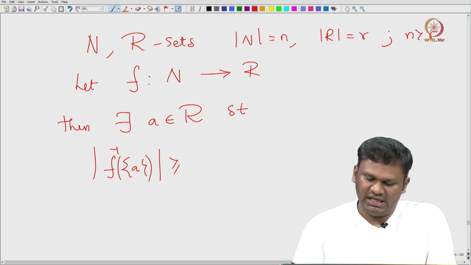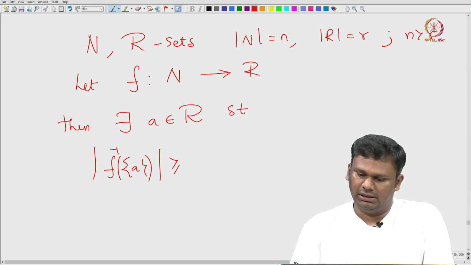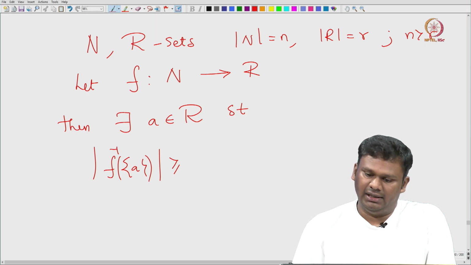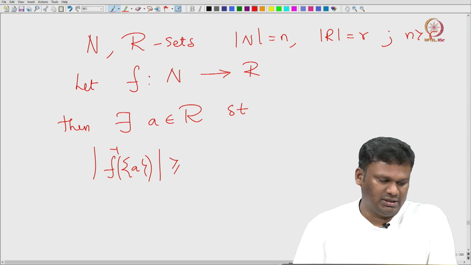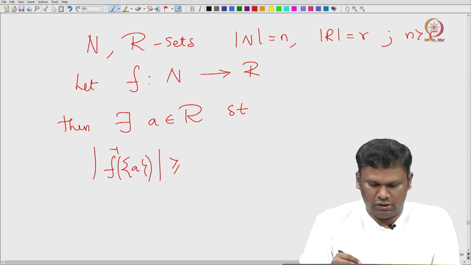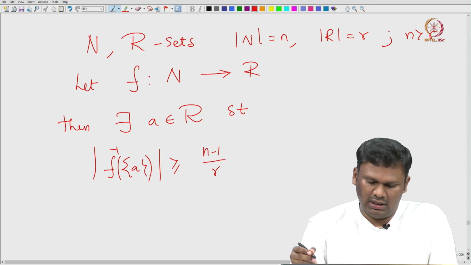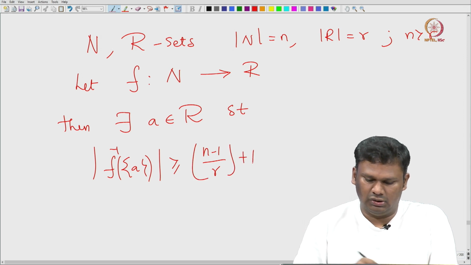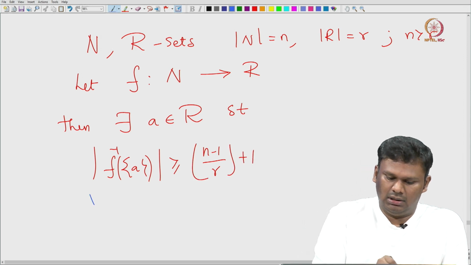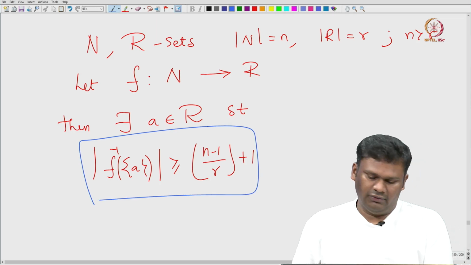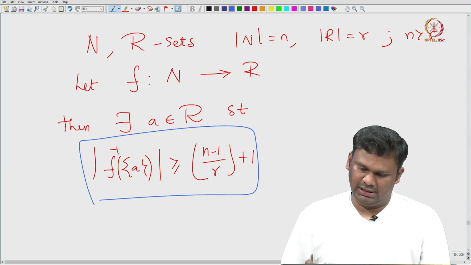And one can actually say something more, because we have specified how many boxes there are. One can prove that the cardinality of this pre-image should be at least the floor of (n minus 1) by r, plus 1. This we can guarantee. So, this is what our pigeonhole principle says.